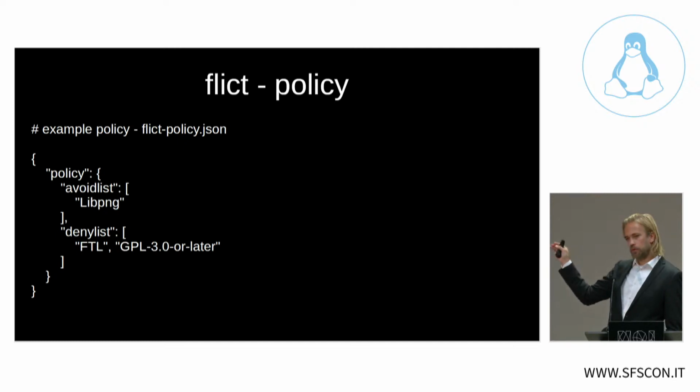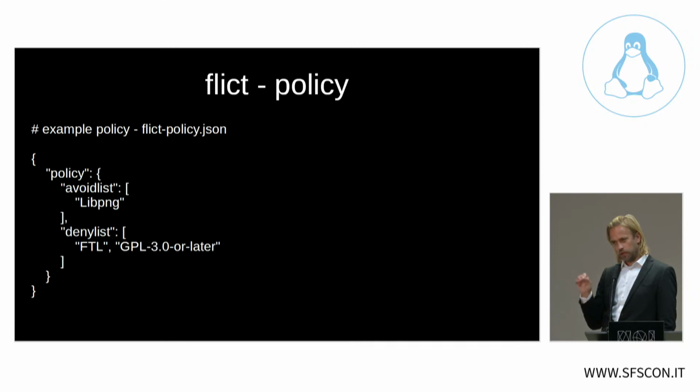What I mean with avoid here is that Flick will try to match any licenses not in the avoid list or deny list, and if there's a match, it gives you that. Otherwise, it goes down to check whether we can find a compatibility in this project with the avoided licenses, and then it gives you that.